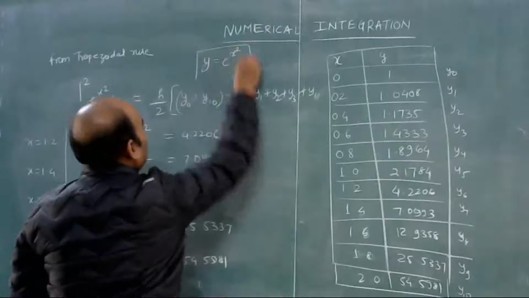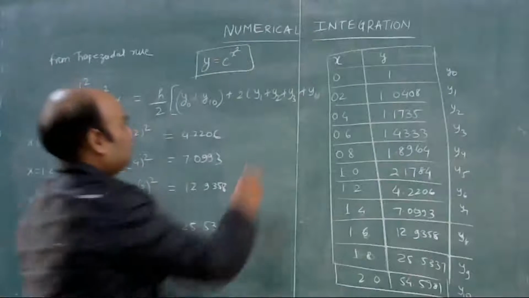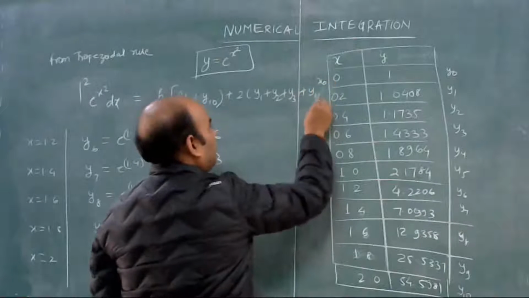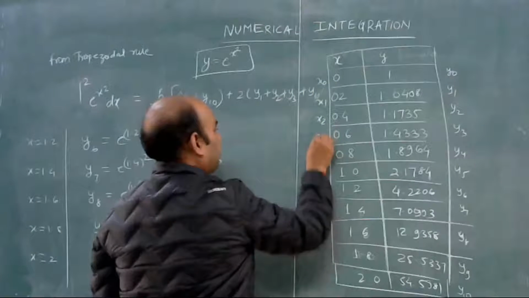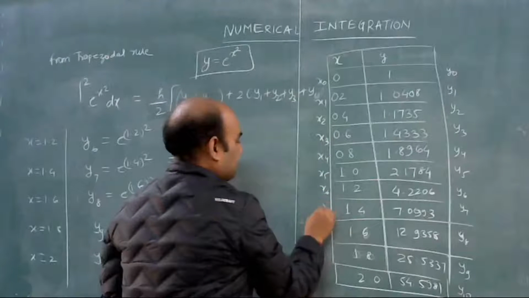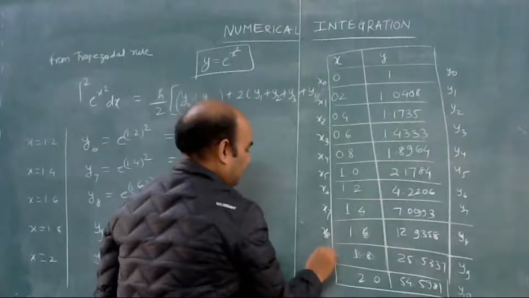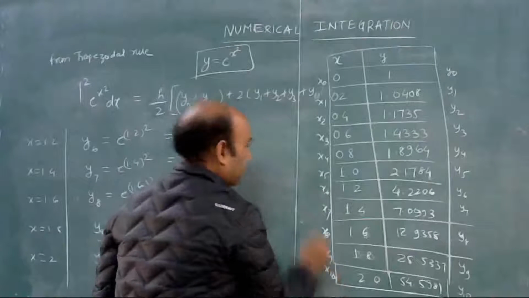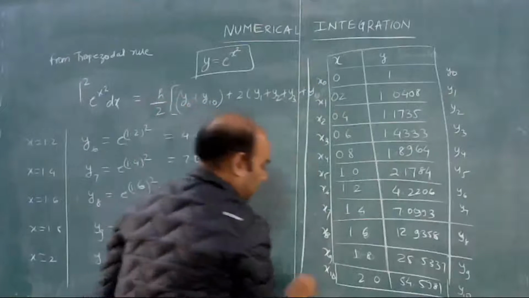Okay. So this is x0, x1, x2, x3, x4, x5, x6, x7, x8, x9. So these are values of x.